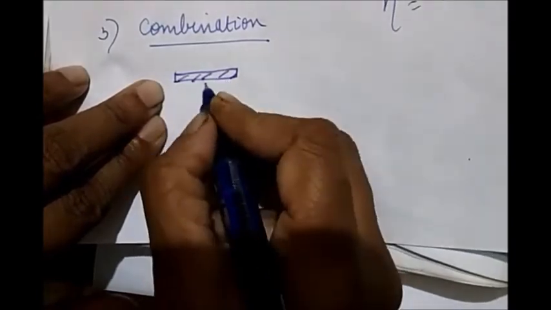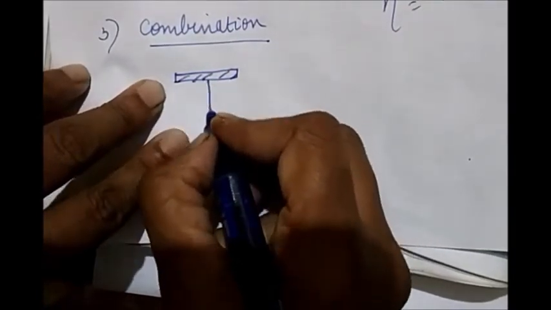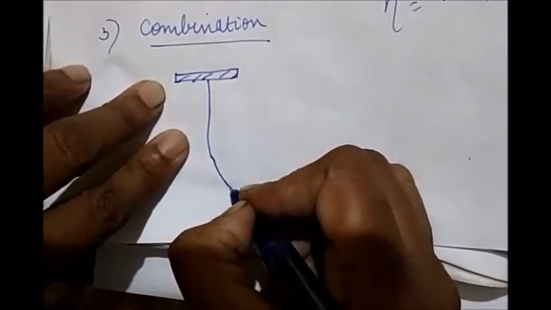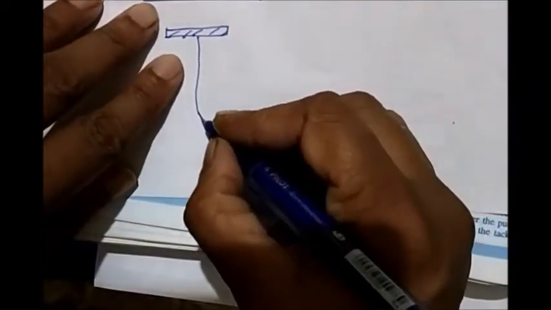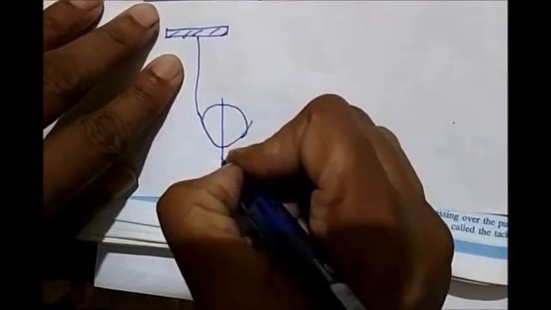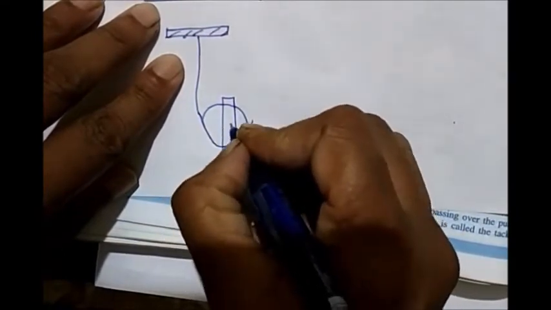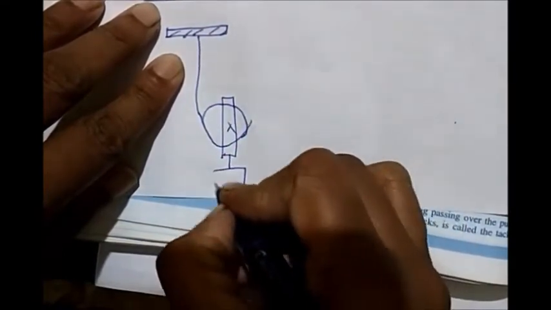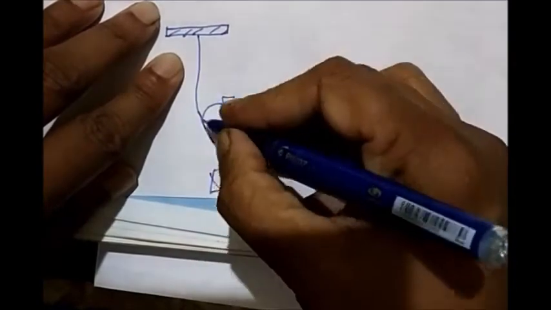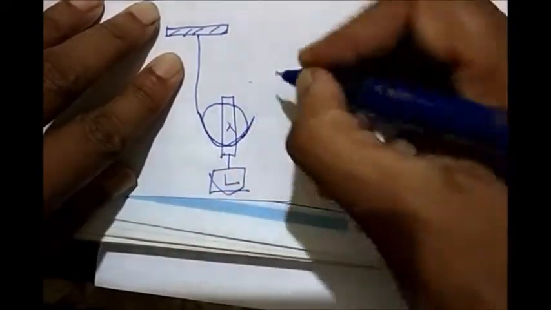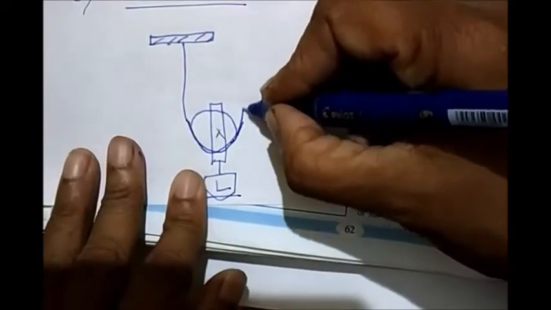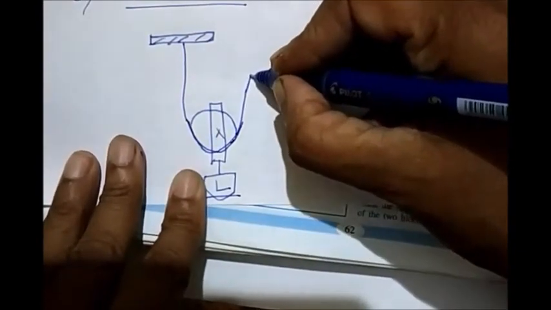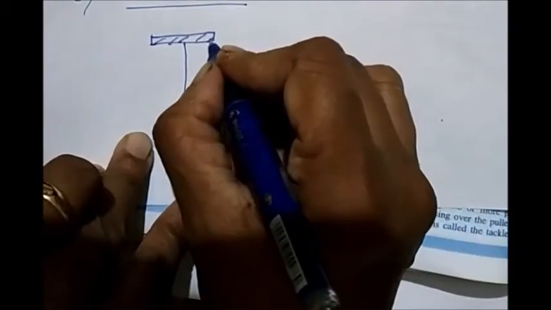First you draw a movable pulley like what you have here. And then this string that is coming out, we are not applying the effort here.